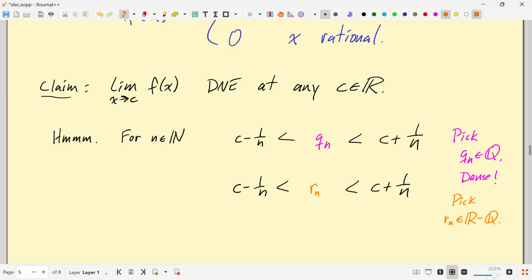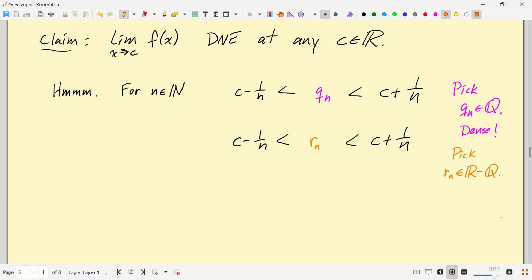And then I've got two sequences. On one of the sequences, the function is always 0, and on the other sequence it is always 1. And therefore, it doesn't converge. So I can, once again, merge these two. I better specify that this q sub n is unequal to c. That's easy to do because there's infinitely many in here. Why don't I do it like this?